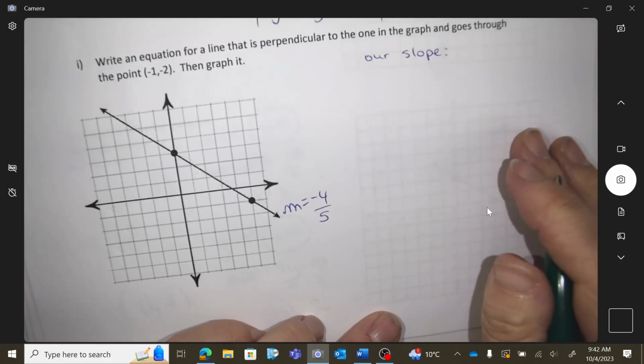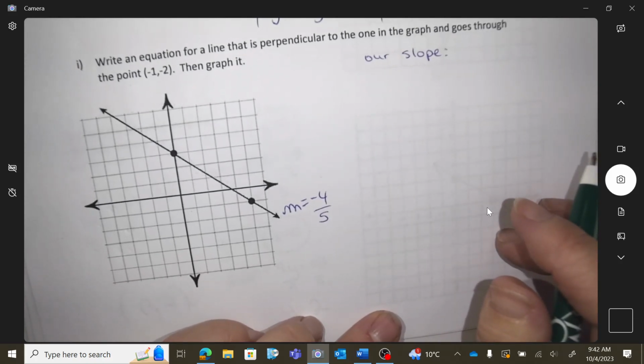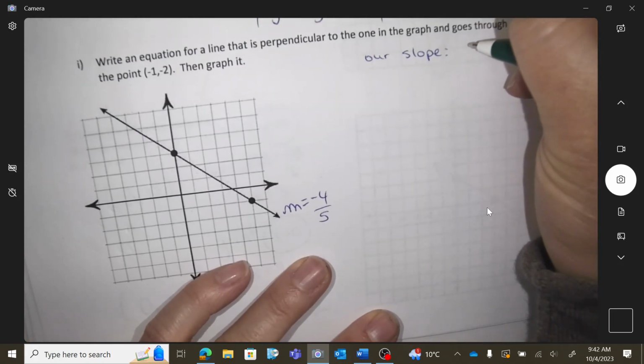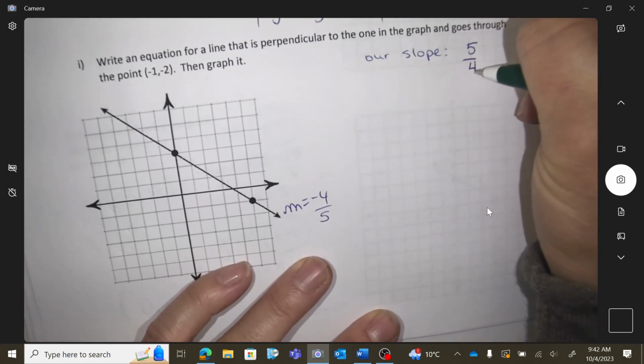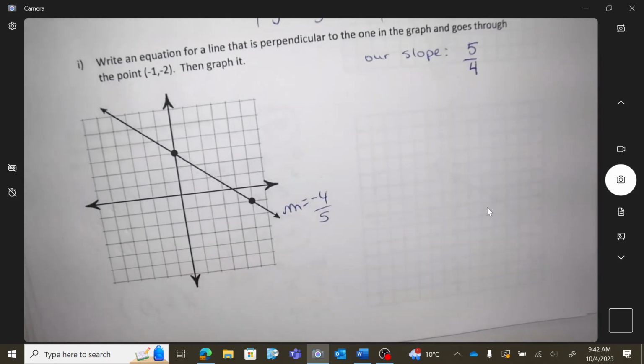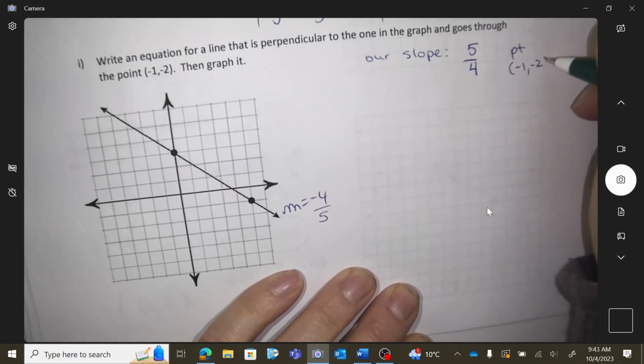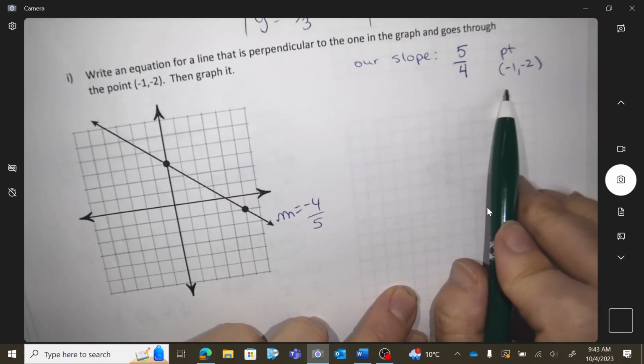So what is our slope going to need to be of the new line? You're going to need to have a positive slope and then flip that. And my line also has to go through this point.